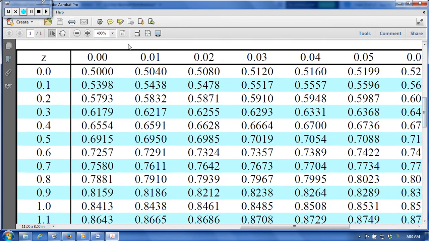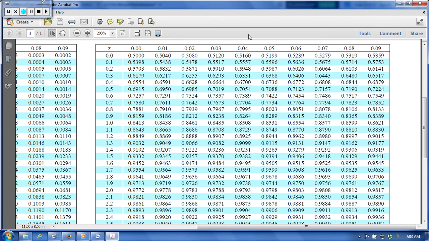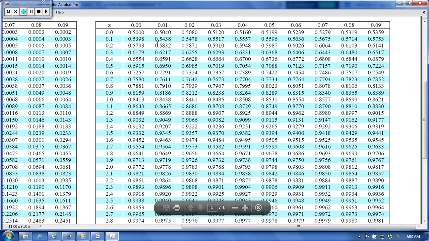All right, now if you look across the side here, you get everything in tenths. It's counting by tenths. So I got 0.1, 0.2, all the way on down. Right, here's 1.6 here. Remember the value I'm looking for is 1.62. So to use this, I'm going to go to 1.6.